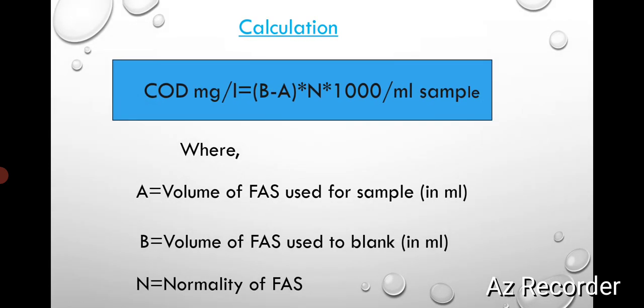Calculation: here is the formula for calculation of COD. COD is equal to (B minus A) into N into 1000, where A is the volume of FAS used for the sample, B is the volume of FAS used for the blank, in ml, and N is the normality of FAS.